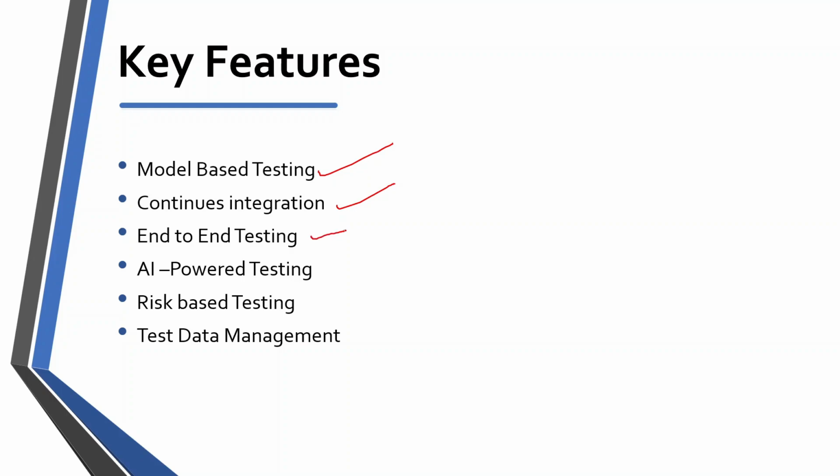As I told in my last slide, Tosca supports different application testing like web application, desktop application, mobile application, API application, and databases. Along with this, it also supports testing enterprise applications from end to end. Those applications are SAP and Salesforce.